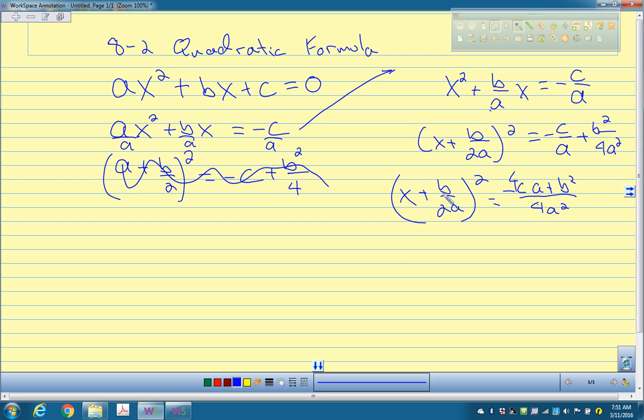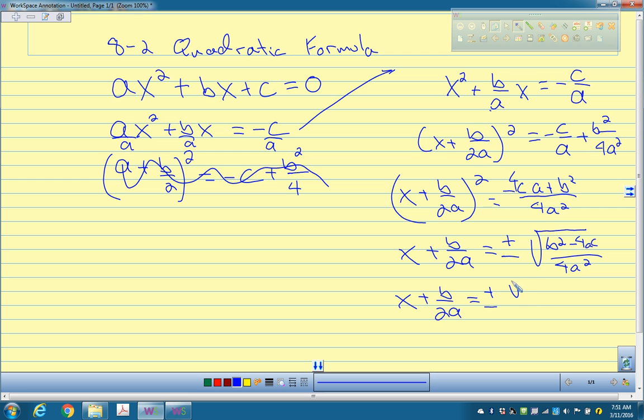Then I take the square root of both sides. I get x plus b over 2a equals plus or minus the square root of b squared minus 4ac over 4a squared. I pull the 4a squared outside of the root. What's the square root of 4a squared? 2a.